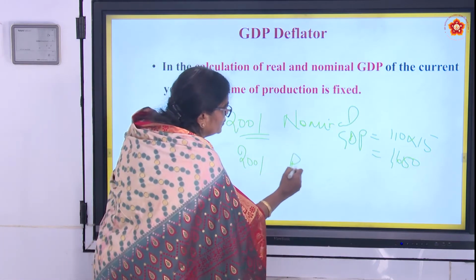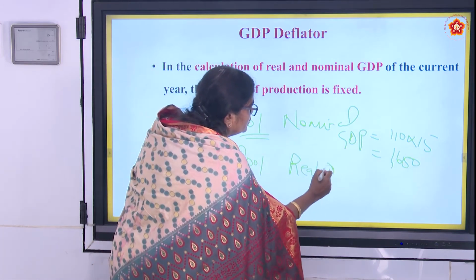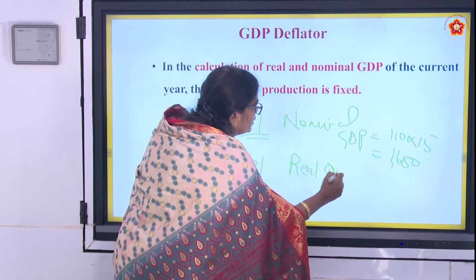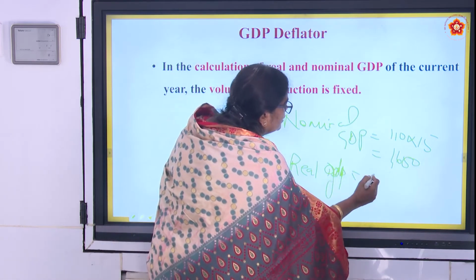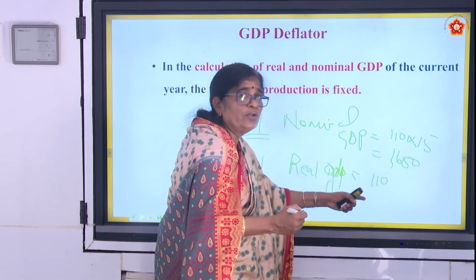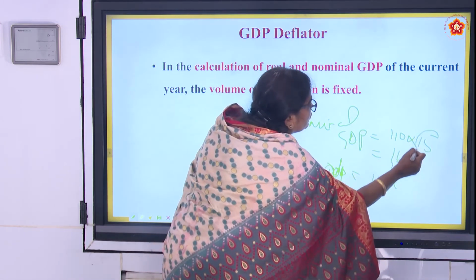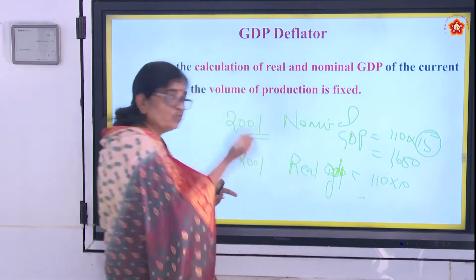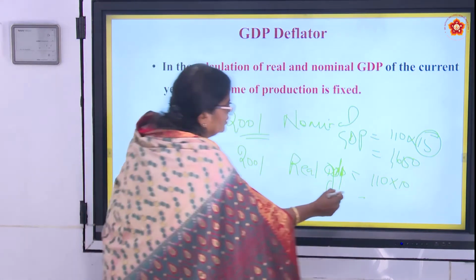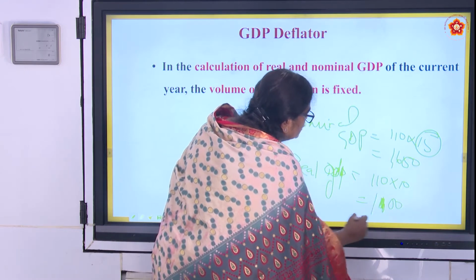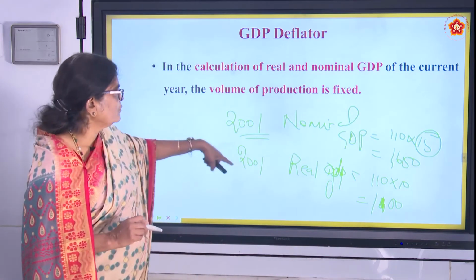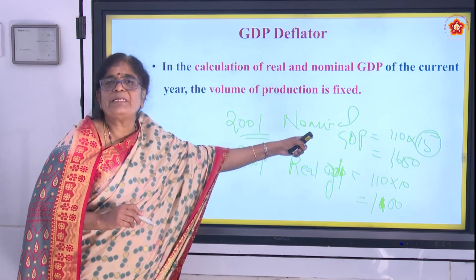What we are calculating is for the same year, that is very important. The same way we calculate real GDP. Real GDP, what is that? 110 only, same volume, but the price we don't take 15. We take the base year price, the year 2000 price. How much is it? 1100. Therefore, for the same year we are calculating nominal GDP.